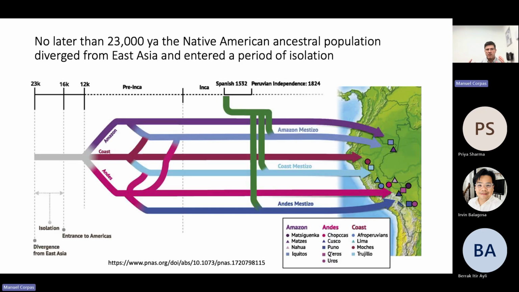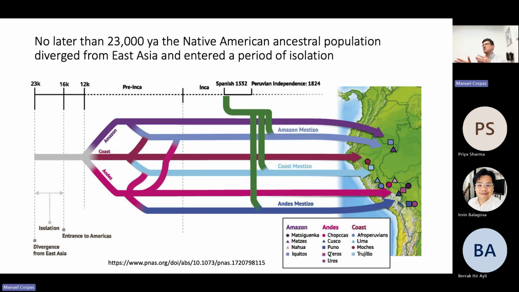So the peopling of South America happened no later than 23,000 years ago, when ancestral peoples from East Asia crossed the Bering Strait and then came down the coast, and through the Panama isthmus moved into South America.